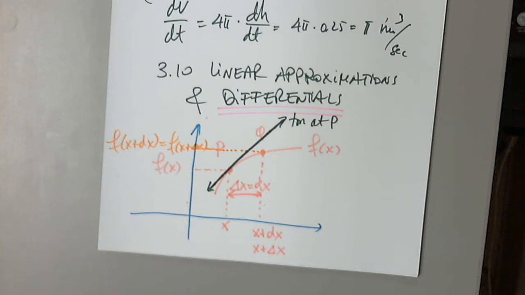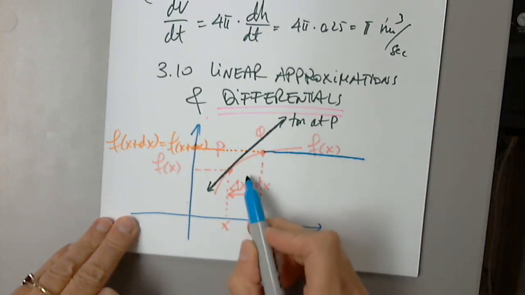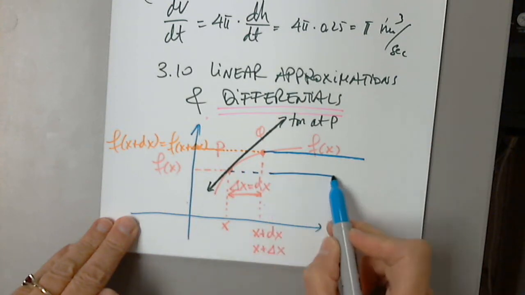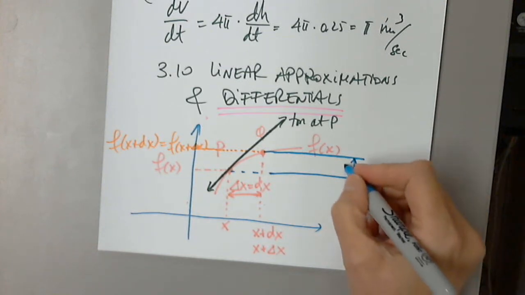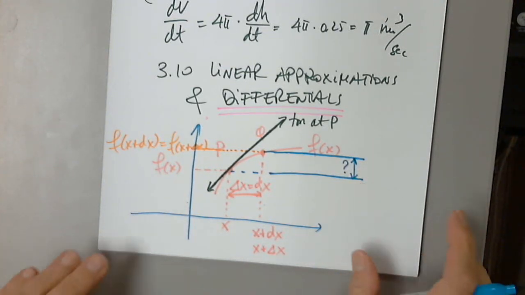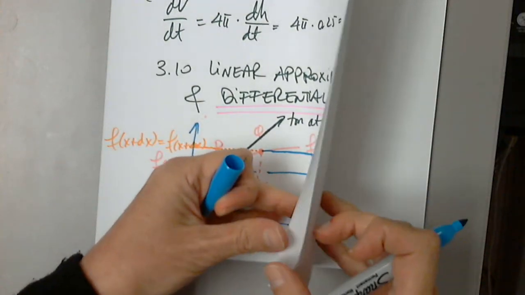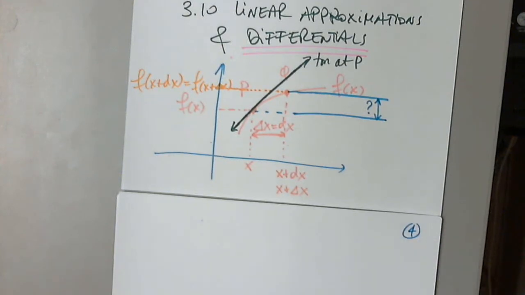And now I would like you to tell me what this is. I will start the sentence, and you will help with it. So that's my question now. What is this? Ready?